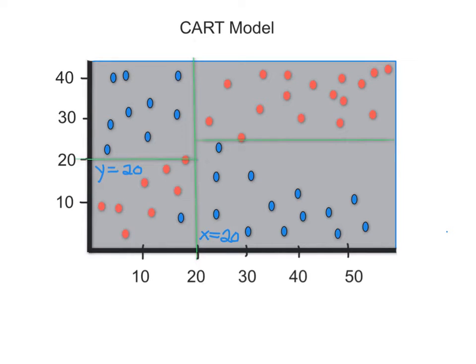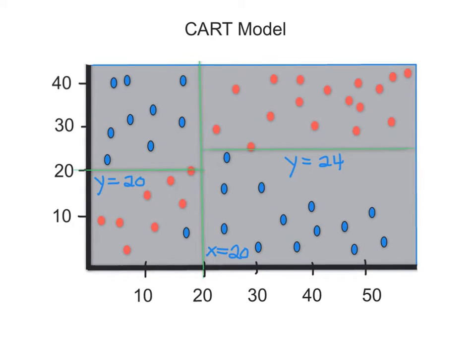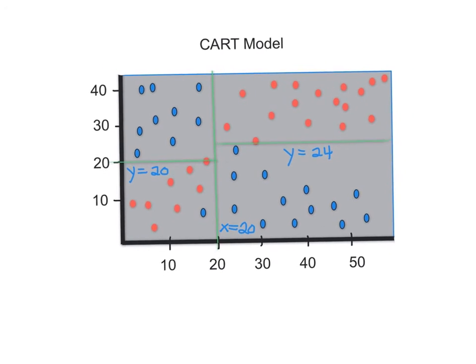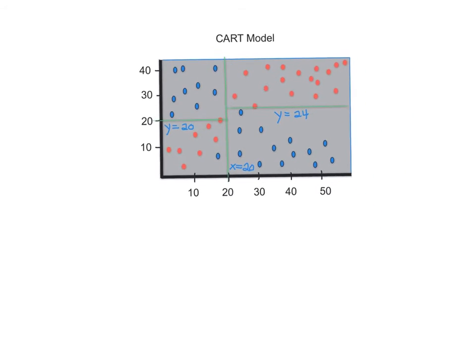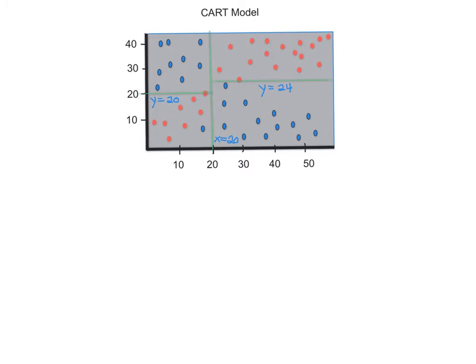And then our last line segment, which is a horizontal line segment here, is at y equals, that looks like about 24. So we're going to use these line segments to help us build our tree. Let's take our model and shrink it up and move it up.